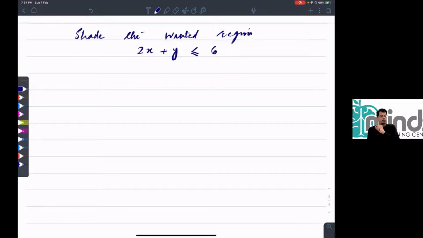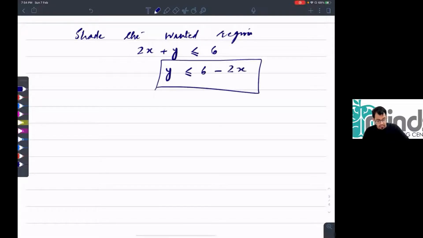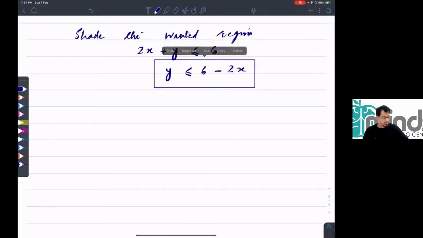Now, remember one thing. Whenever you want to decide whether it is above the line or below the line, always transform this equation in the form of y only. So can I say it is actually y is less than or equal to 6 minus 2x? Your life will become very easy. y is less than or equal to 6 minus 2x.